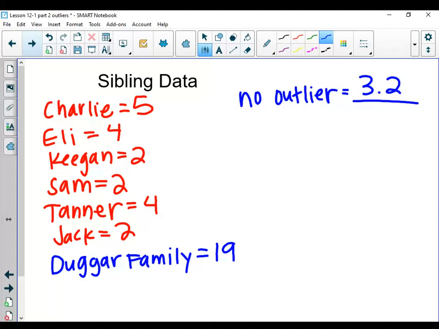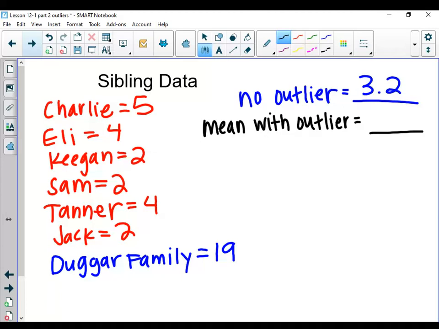Now we have an outlier. An outlier, exactly. So we're going to find the mean with the outlier. I have a feeling that it's going to raise our mean.